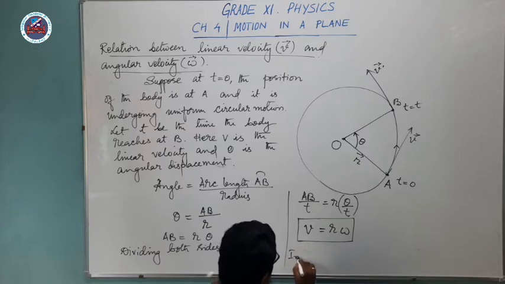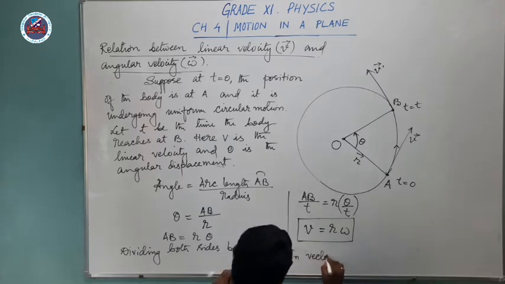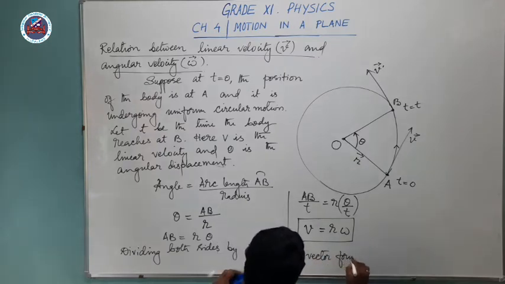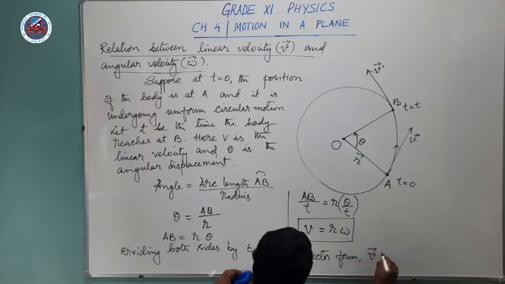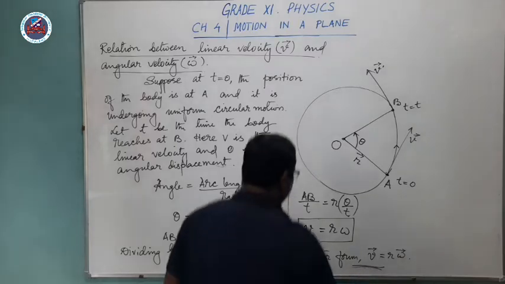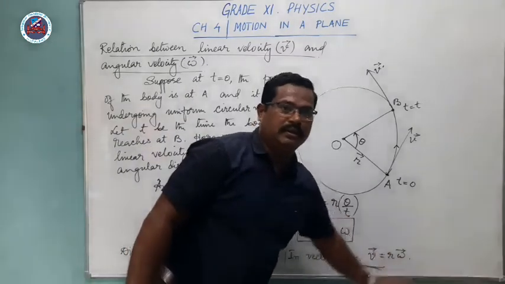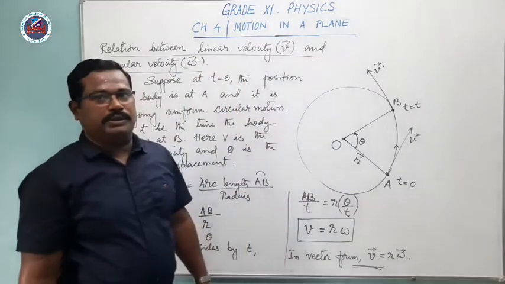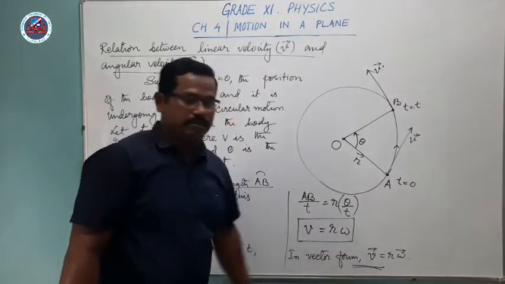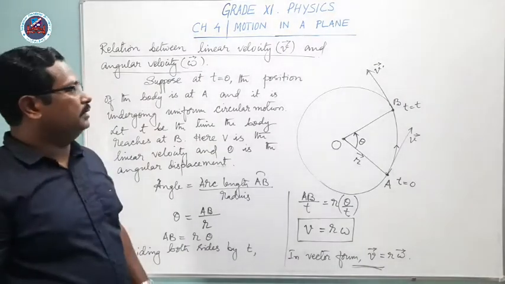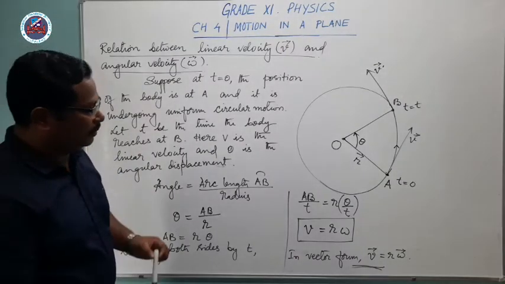In vector form you can write it as v is equal to r omega as well. So this is the relation that exists between linear velocity and angular velocity. You have to keep by heart v is equal to r omega.